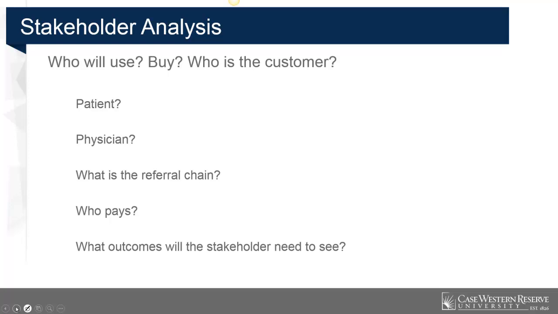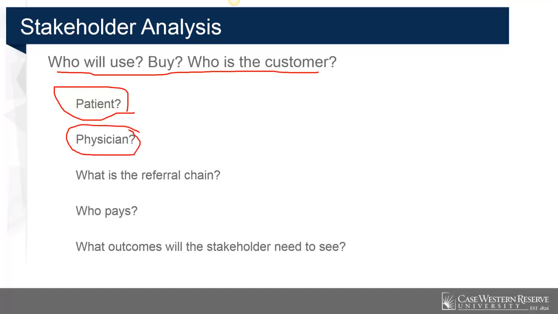So let's now move on to the third block, which is a stakeholder analysis, and this is something I've talked too quickly, so we can kind of run through this. You have to think to yourself, who's going to use this? Who's going to buy it? Who's the customer? Is it the patient? Well, with increasingly high deductibles, people might suggest, yeah, the patient is paying for it. Who's the user? Is it a physician or is it a surgeon? What's the referral chain?